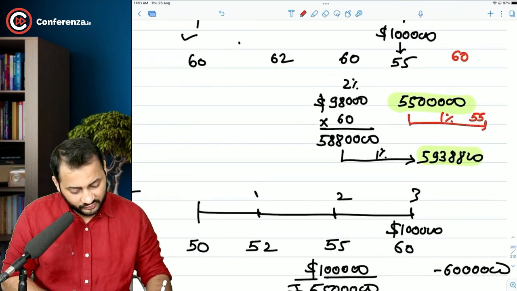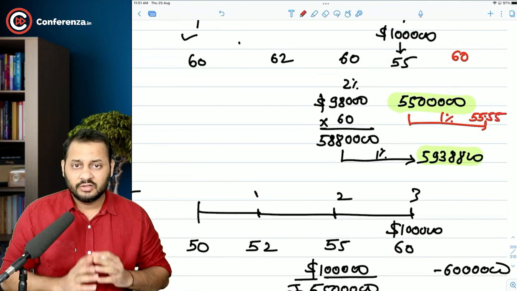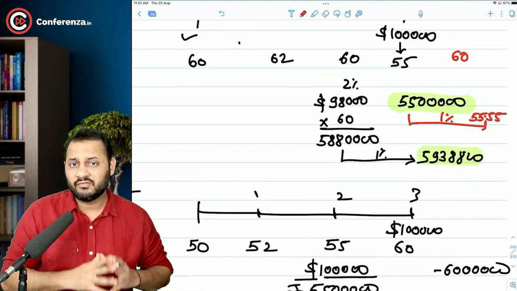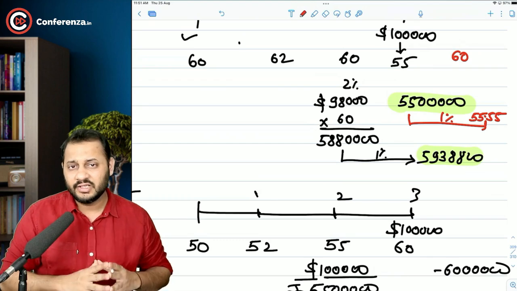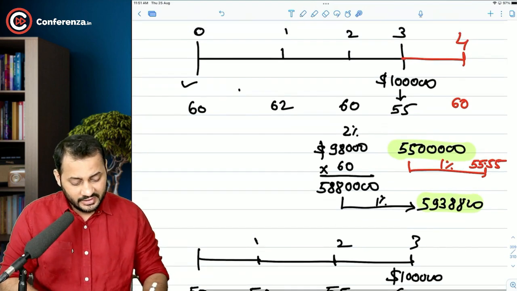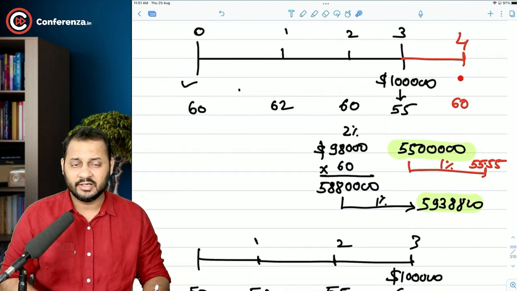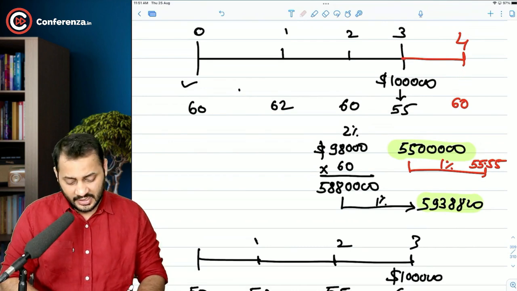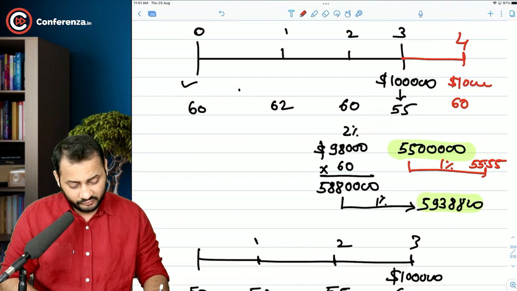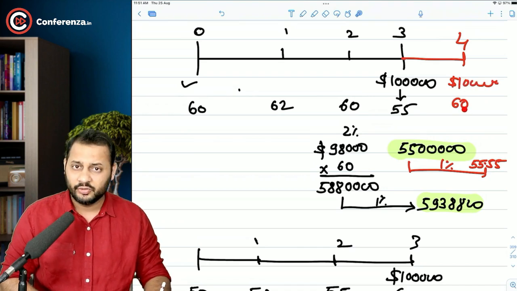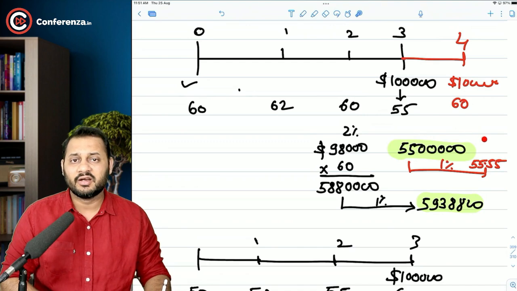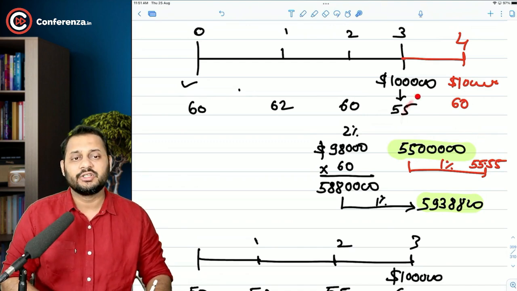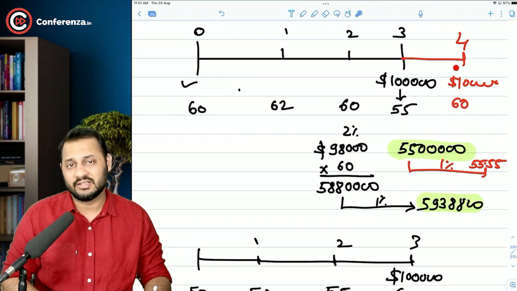So at the end of 4 months, we would have received 55,55,000 from the investment proceeds. But if we lag the receivable, understand, if the customer himself pays the amount of $1 lakh at the end of 4 months, we will directly convert it at the going exchange rate, which is 60, and we will receive 60 lakhs. Still, it is better than 55.55 lakhs. So it's better to take the decision of lagging the receivables.